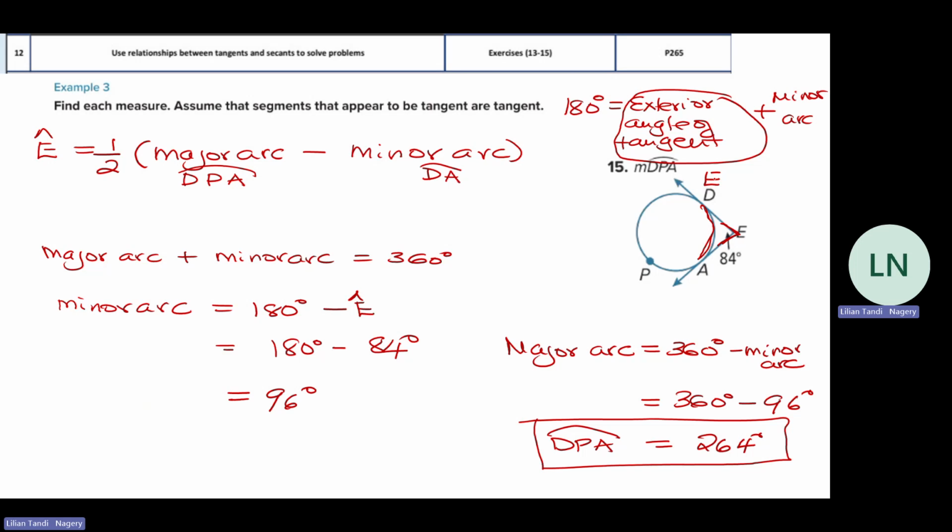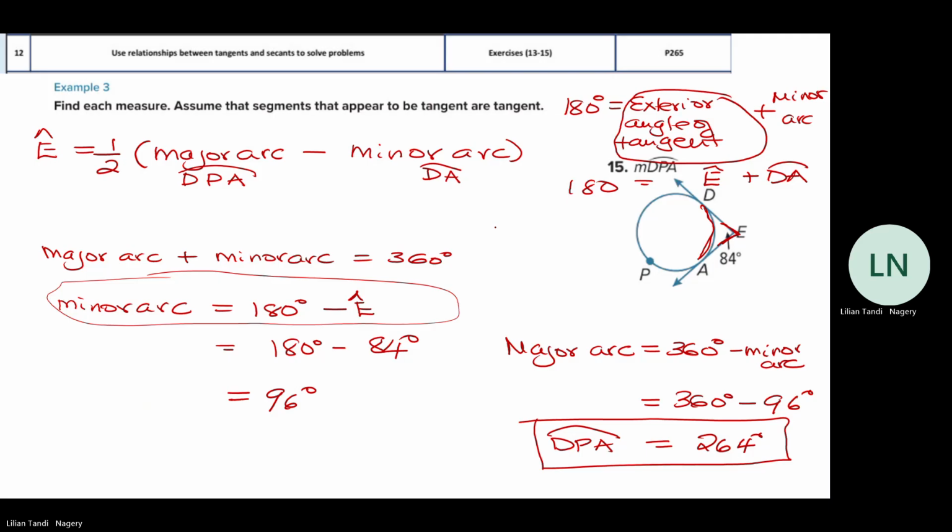So this will be angle E plus arc DA. That's where I did this, okay? To get the minor arc. So to get DA, I must subtract E from 180.